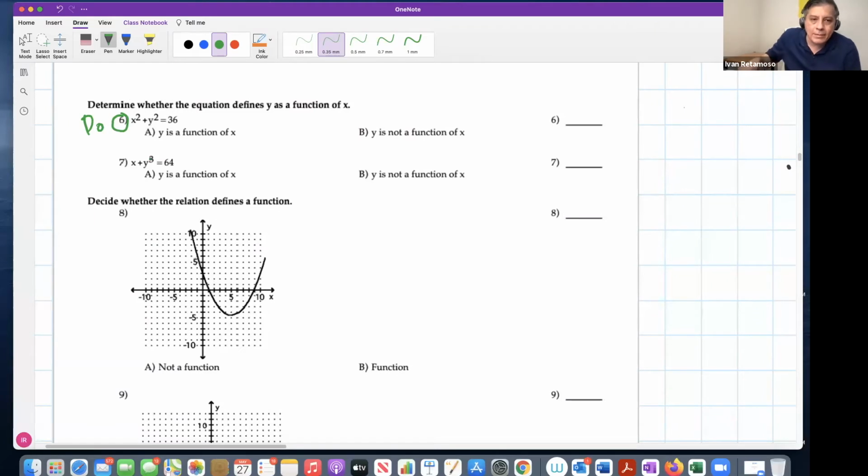So follow the steps, isolate your y, and see if you end up with 2 values of y or just 1, and make your decision. Let us know in the chat.